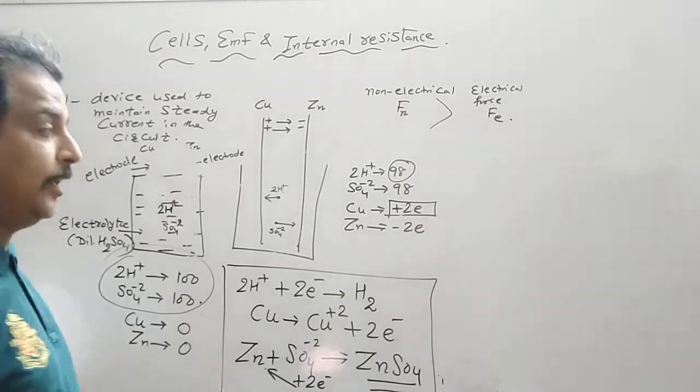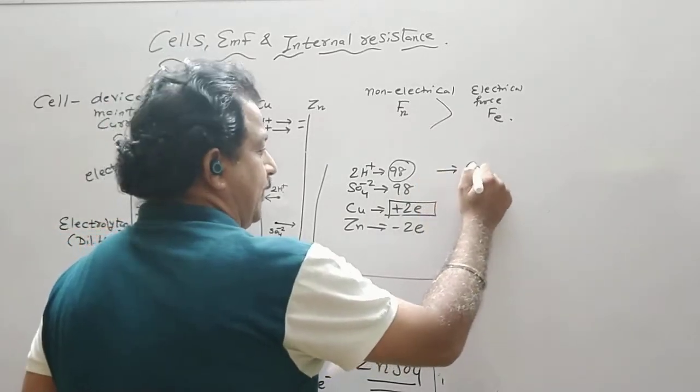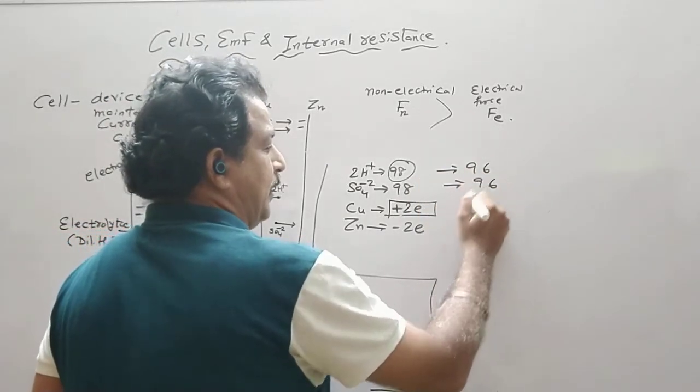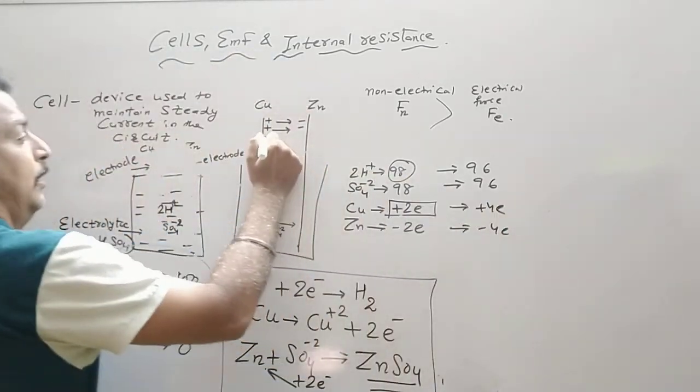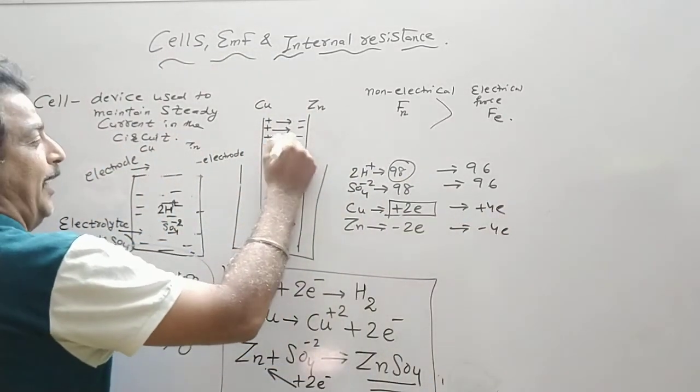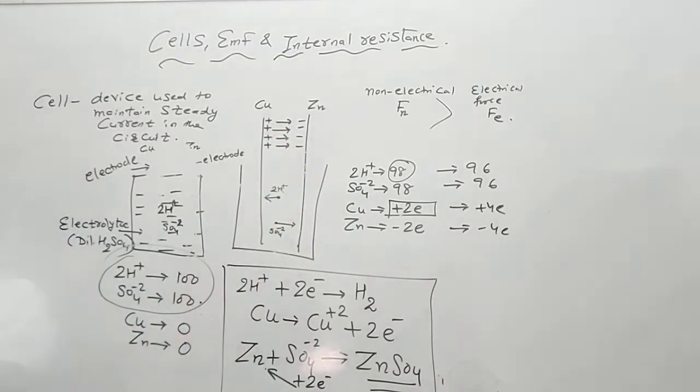In the second cycle, this becomes 96, this becomes 96, it becomes plus 4e, it becomes minus 4e. Again, the electric field builds up.